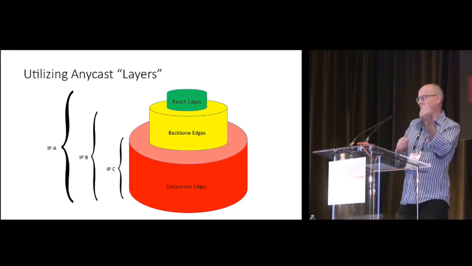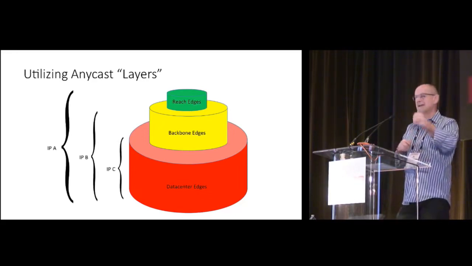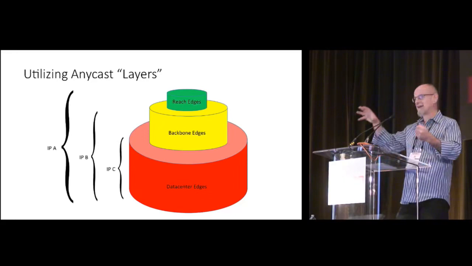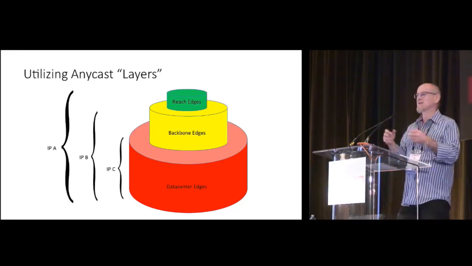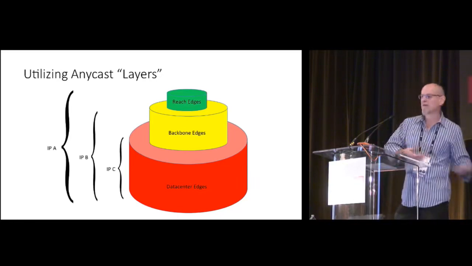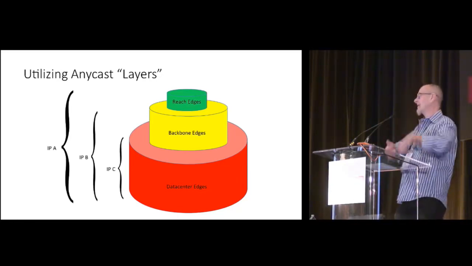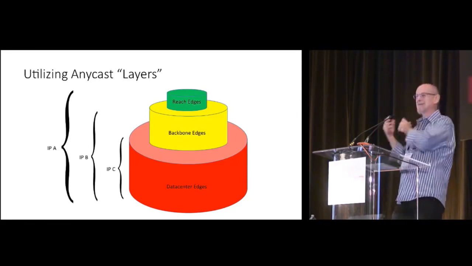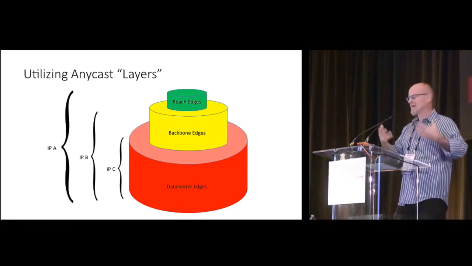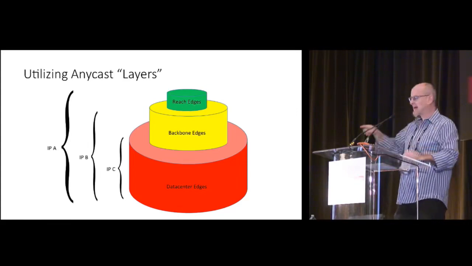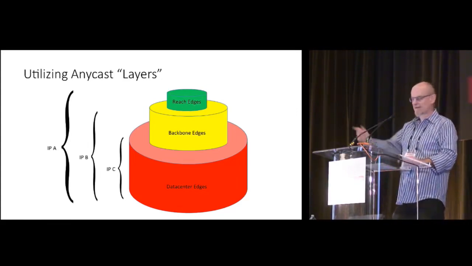If you start giving out that IP address, the clients can see all of the big edges, but they can't see the little tiny ones. Basically, the technique is, if I can't handle the traffic, throw it to the big guy standing right behind me. I don't care which big guy, I'm not able to direct to them. I just say, I am getting overloaded, help, somebody bigger behind me, help. And that happens at each level. If the backbone edges are overloaded, they do the same.